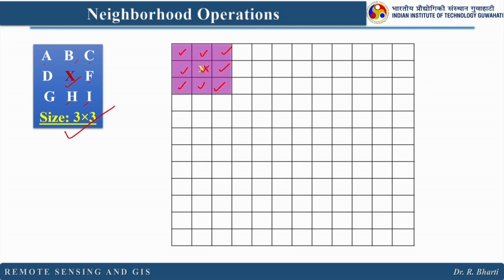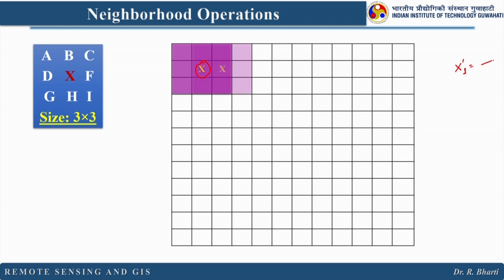How will we do that? Let us assume you have overlapped, and this is the central pixel. Let us assume this is an average filter, and you have calculated the new X, X dash or X1, and this is some value.